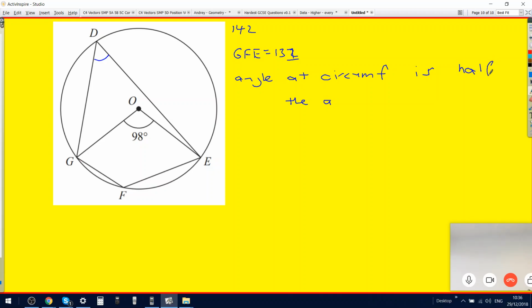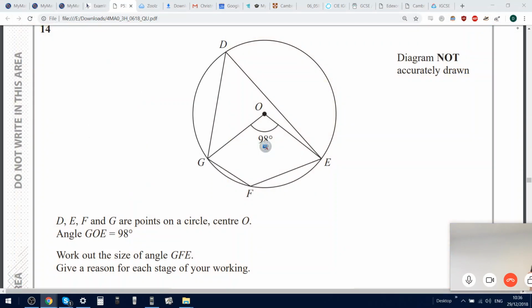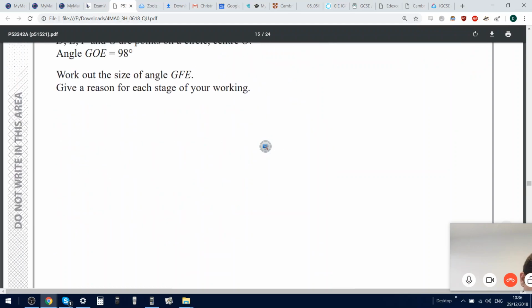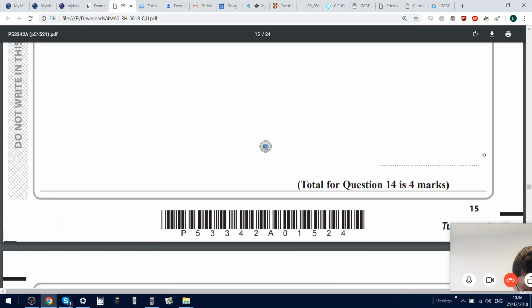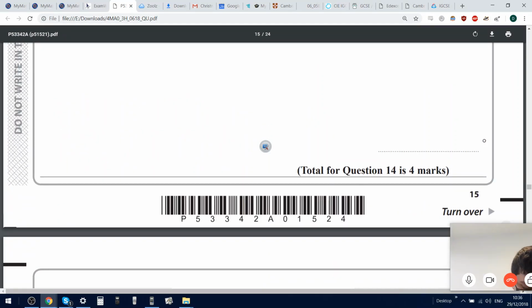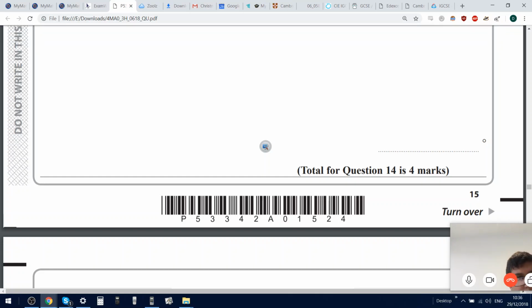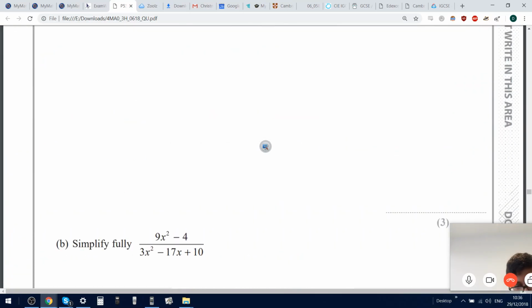Or it can be written the other way around: the angle at the center is twice the angle at the circumference. So that's how we got GDE. And then opposite angles in a cyclic quadrilateral add to 180. It's probably a 4 marker. So 1 mark for the first number, 1 mark for the final answer, 1 mark each for the 2 reasons.